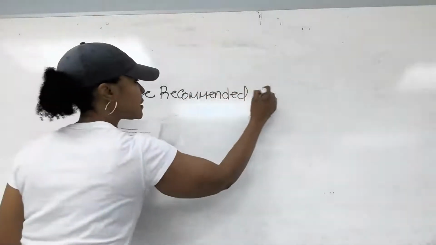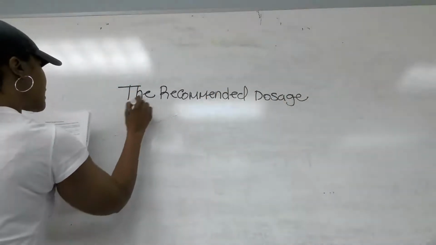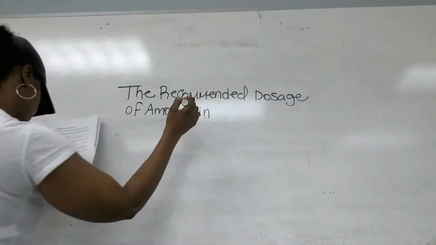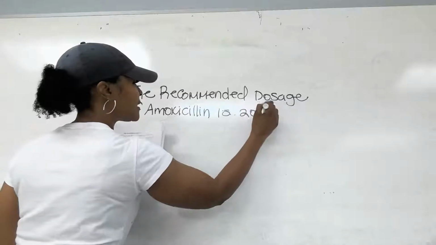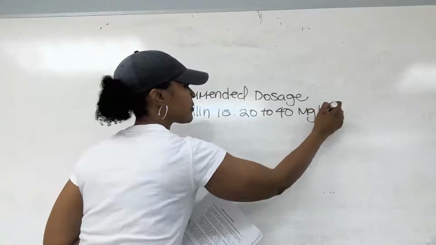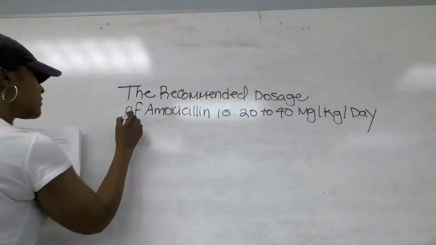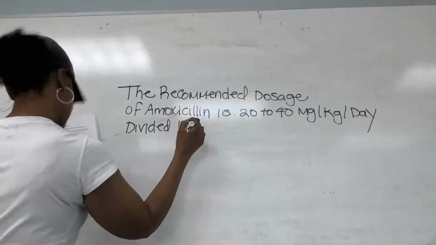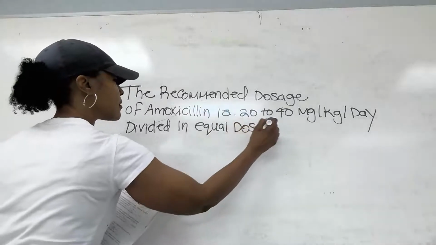The recommended dosage of amoxicillin is 20 to 40 milligrams per kilogram per day, divided in equal doses every 8 hours.